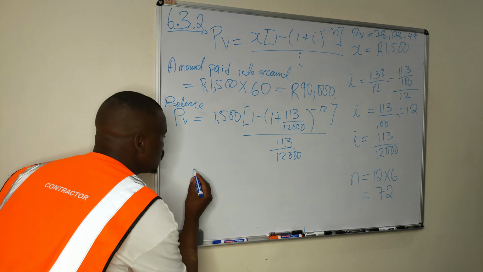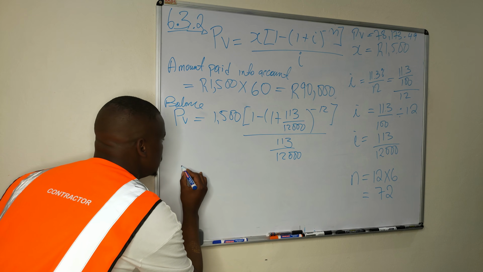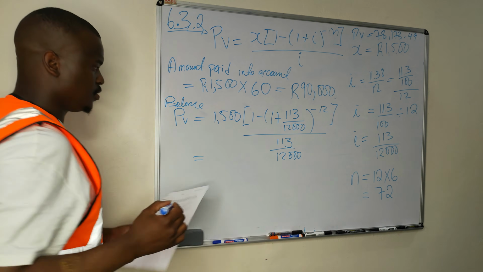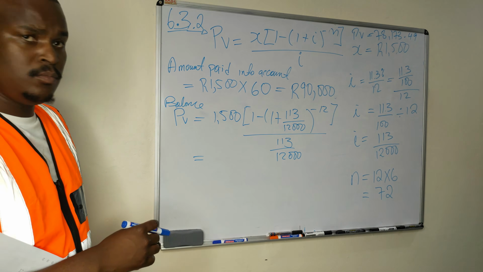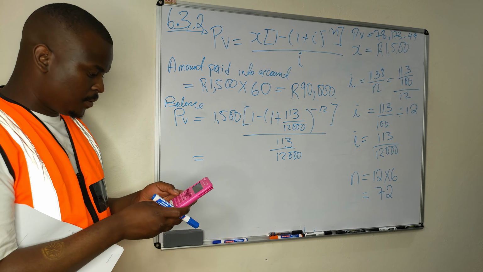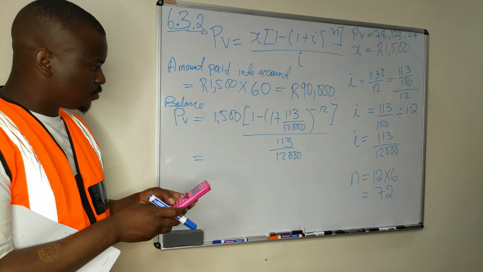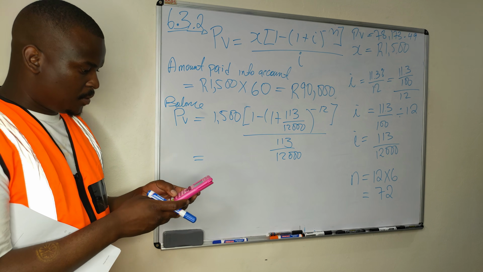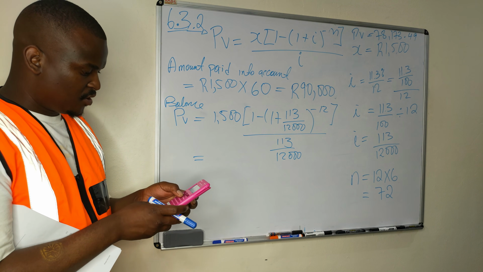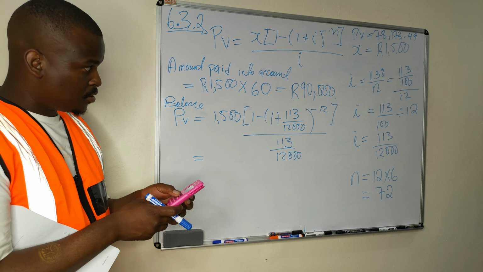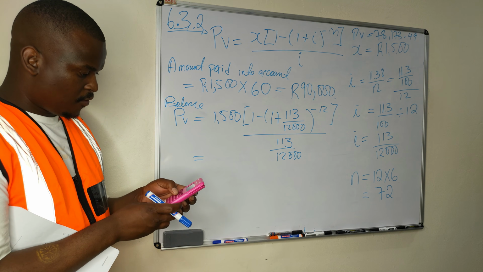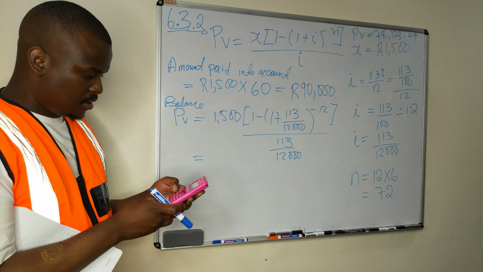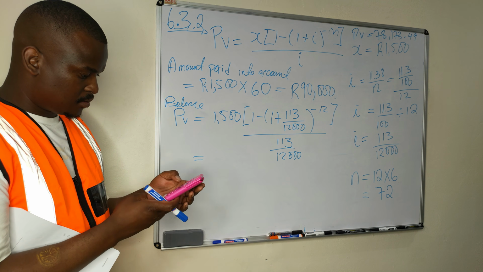So your balance of the loan, which is the present value of the loan, is equal to, punch this in a calculator, you'll find what the balance on the loan is. That will be 1,500 times 1 minus 1 plus 113 over 12,000, all raised to negative 12, over 113 over 12,000.